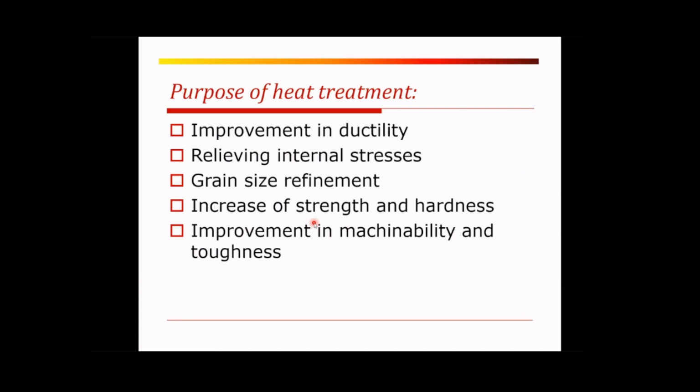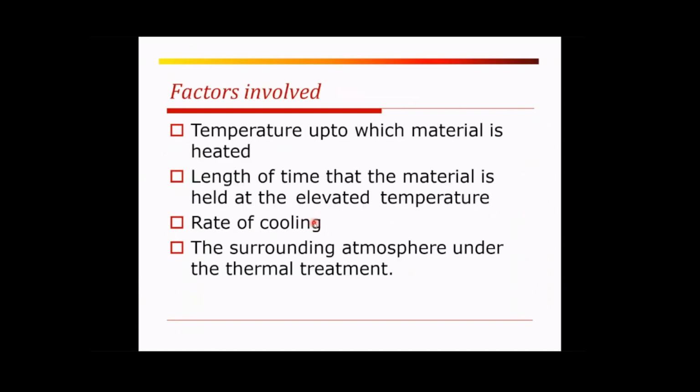Grain size refinement means the size of the grain structure of metals will be refined. Then, to increase the strength and hardness of the metal, and also, as I told, to improve the machinability and toughness of the materials. These are all the purposes of the heat treatment methods.